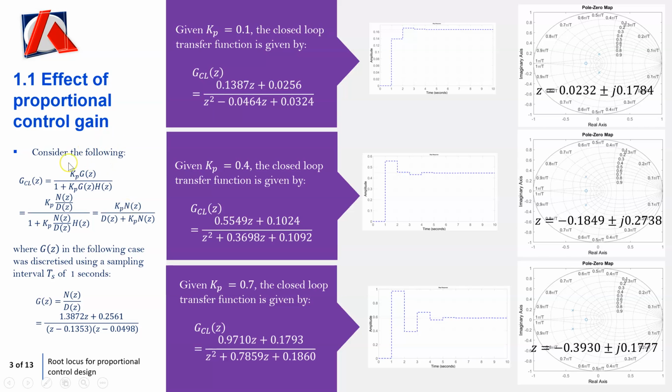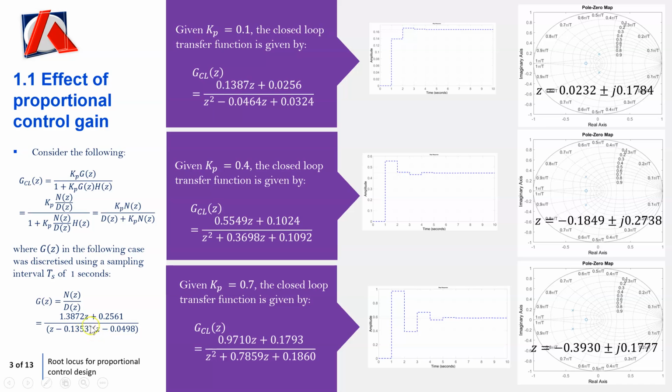So here we can straight away get the closed loop transfer function. We can substitute in the numerator, the denominator, and the numerator again there. Kp at the moment is unknown. What I've done here is take g of z, a discretized transfer function that represents the motion of the pipe climber, discretized with a sampling interval of 1 second, which gives me this transfer function.